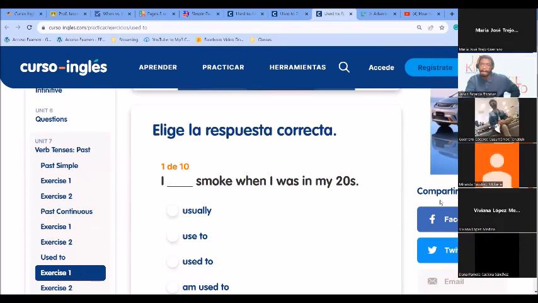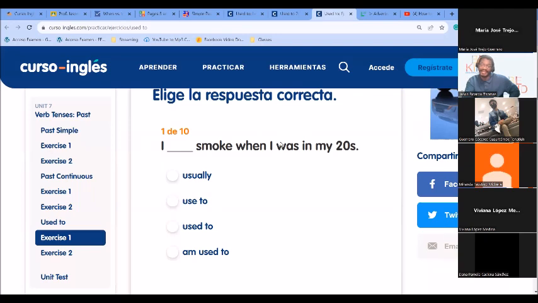I think is I usually smoke when I was in my 20s. No, because usually is with the present tense. And here we're talking about the past. What's the structure for the past?